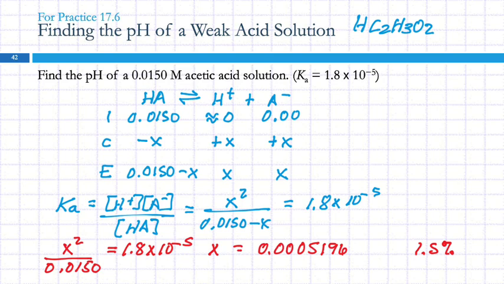Yeah, so this is a molarity. And see right here? This is the equilibrium concentration of hydronium ion. So that's what we need to find the pH. So the pH is equal to the negative log of the hydrogen ion concentration.